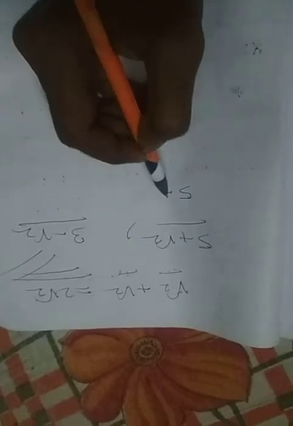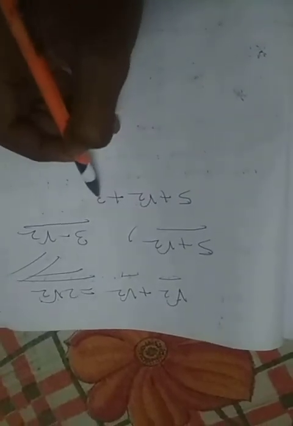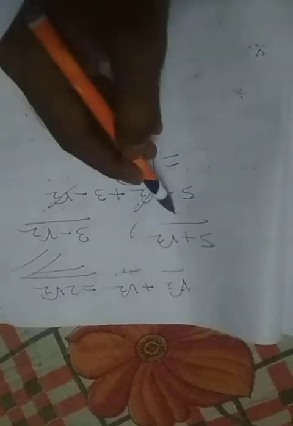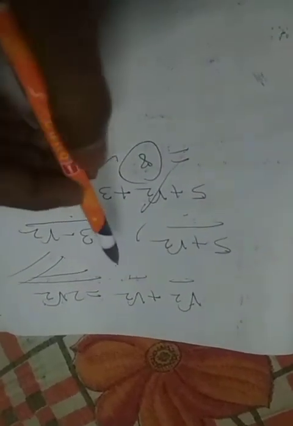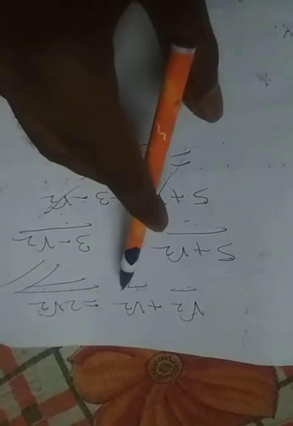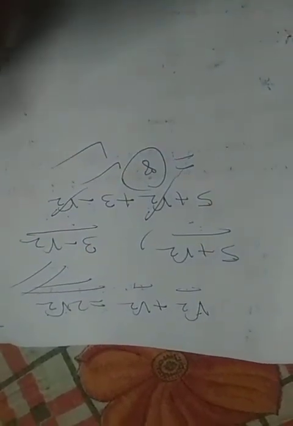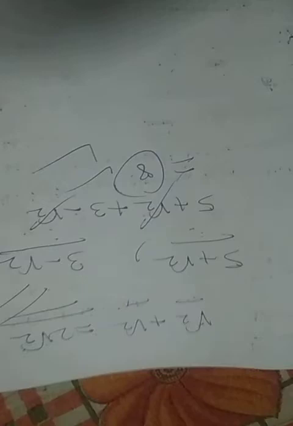Now if you add them, the root 2 cancels, so the result is 8. Here you have added two irrational numbers, but the resultant is a rational number. So if you add two irrational numbers, the result may be irrational, may be rational. That is not confirmed.